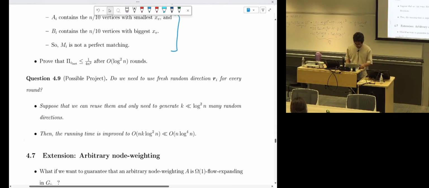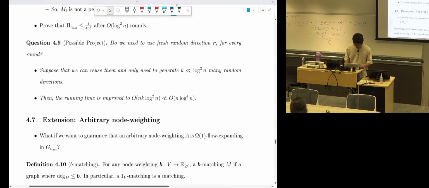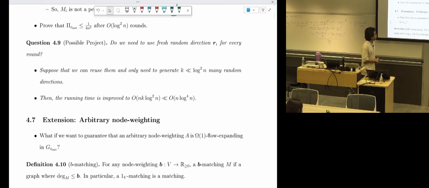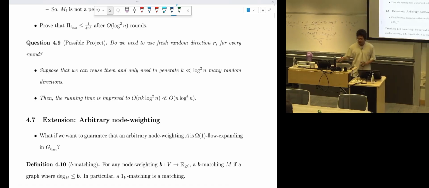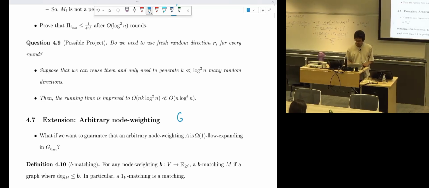So let me mention one more thing. So far we talked about how to construct the graph G such that the all one vector is expanding.